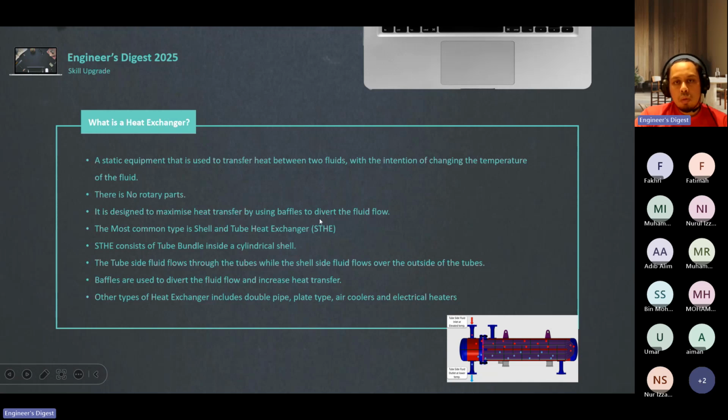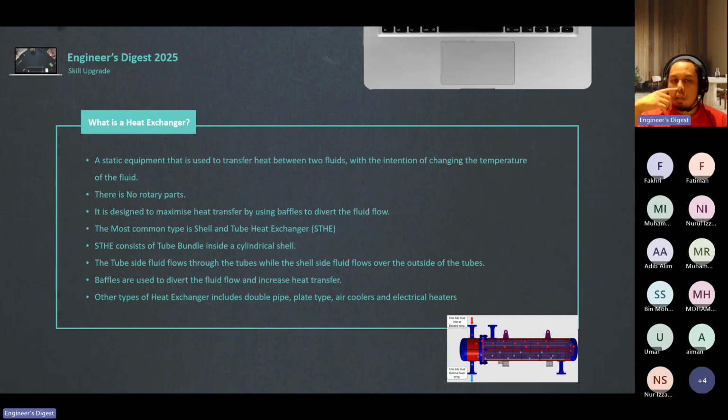So we'll go into detail what a baffle is and what it is used for. Baffle is very important. And the most common type of heat exchanger in the world is actually the shell and tube heat exchanger. That is why we want to go a bit deeper on the shell and tube heat exchanger.